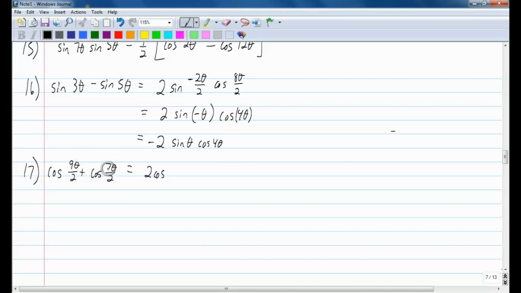So that's 8 theta divided by 2, though don't forget that. 8 theta divided by 2. That 2 down there is in the formula. Alright, times cosine of alpha minus beta divided by 2. So alpha minus beta, that's going to be 2 theta over 2, which is just theta. Alright, so my answer is 2 cosine 4 theta cosine theta over 2. And number 17, that is C.